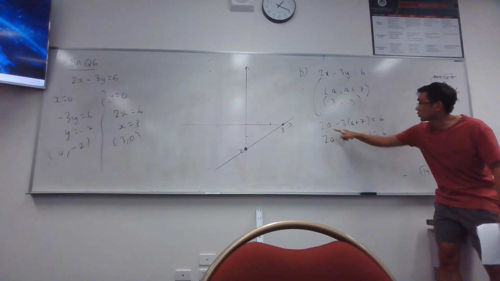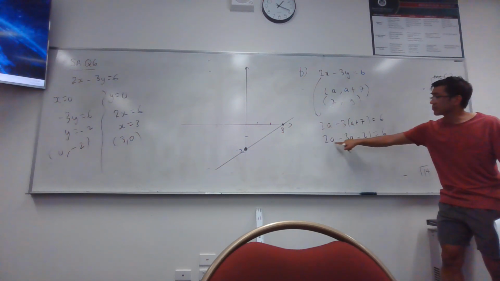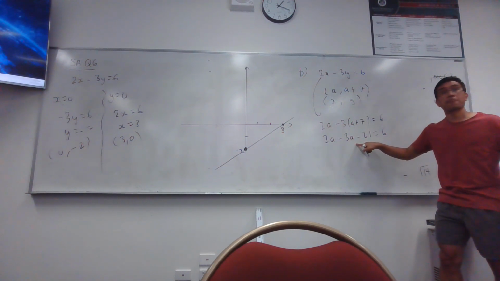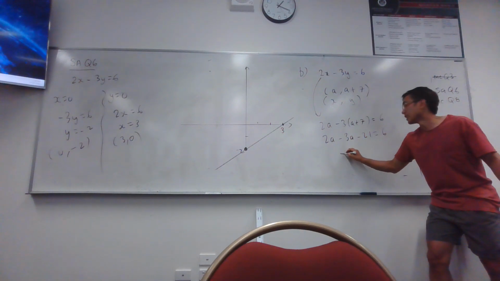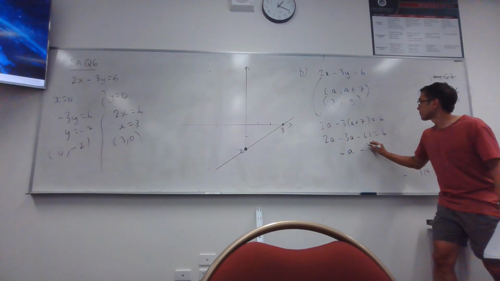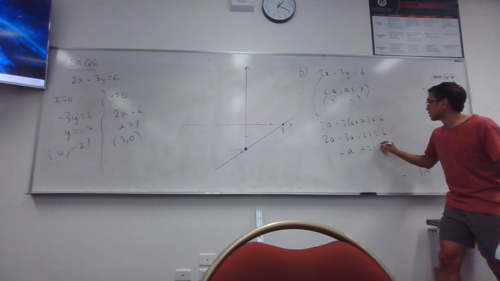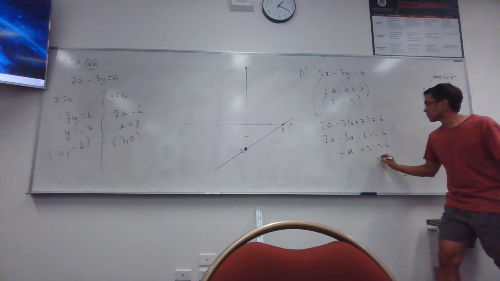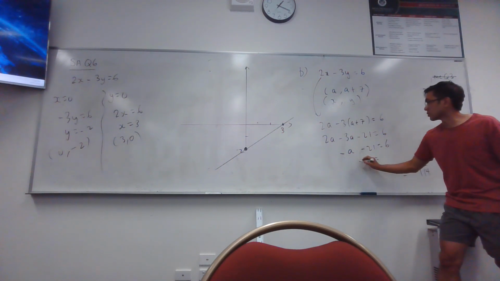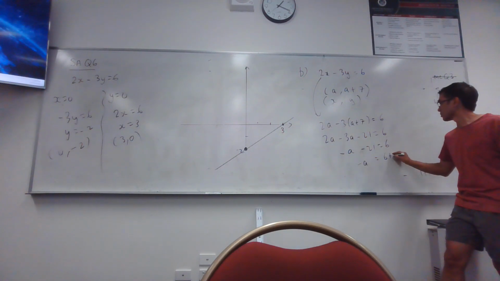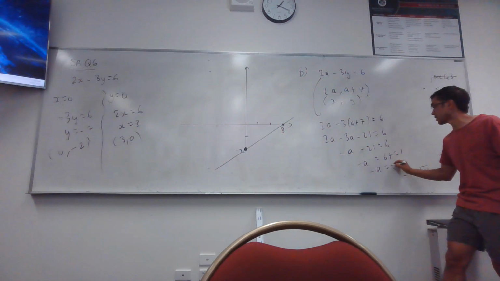Okay. I've multiplied the brackets out. The 2A take away 3A. Negative what? Negative A. Minus 21 equals 6. Plus 21. Okay. Plus 21. And is that the right answer?